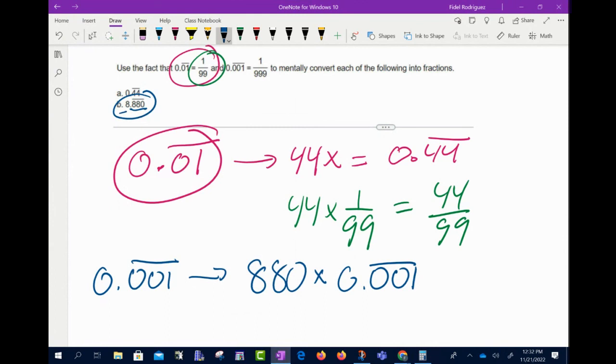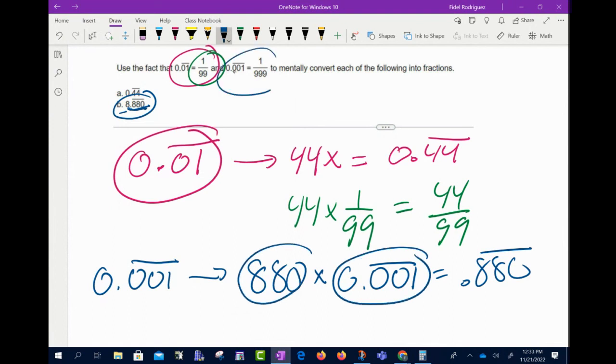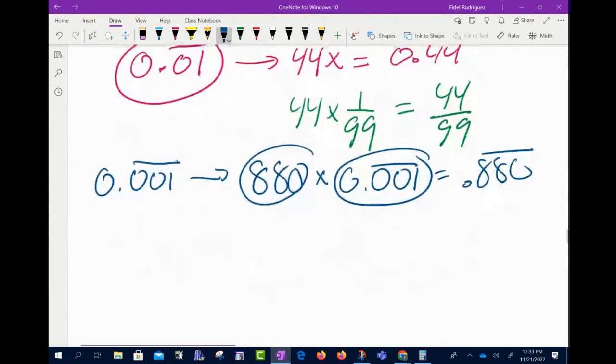But if I multiply this here, y'all, that's going to give me 0.880 repeating, which is what I have right here, okay? Now, we already know that 880 times 0.001 repeating is 1/999.